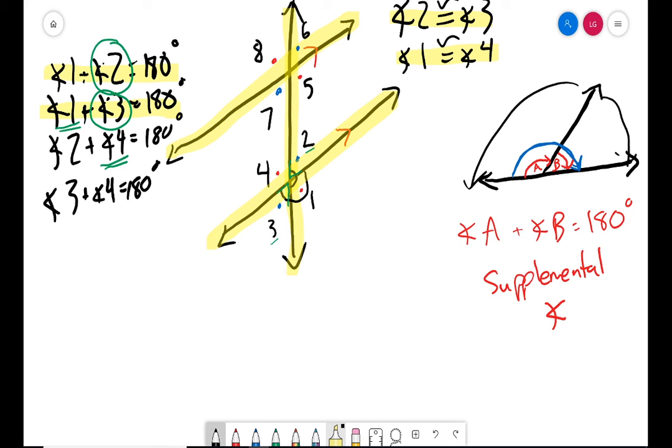Angle 1 is congruent to, do you see that for me? The easiest one to see is angle 5, right? You can imagine these parallel lines. Grab this line in your mind, and you're going to lift it off the page.